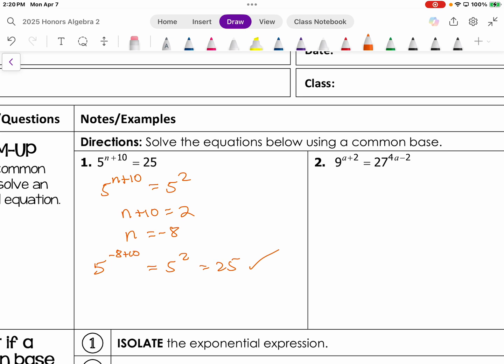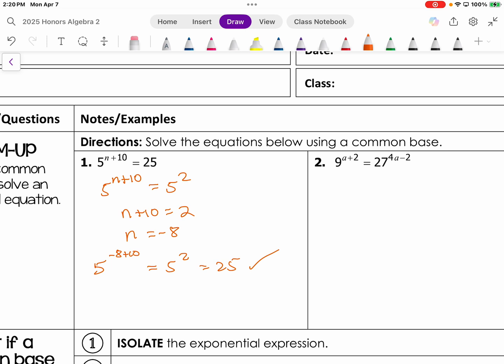On number 2, can we rewrite 27 as 9 to a power? It's not pretty, so I would say no. Now we need to think about rewriting both numbers. 9 and 27 are actually what number to a power?